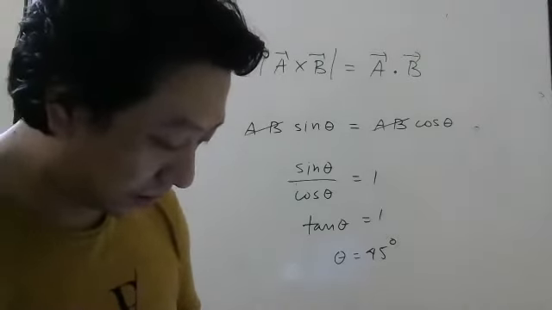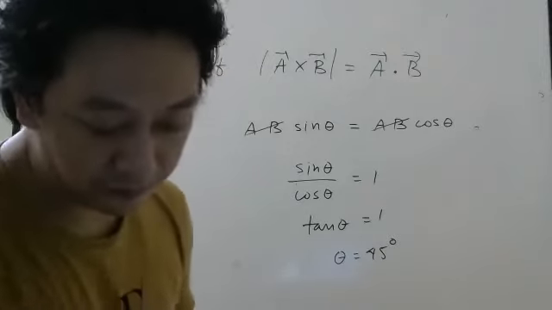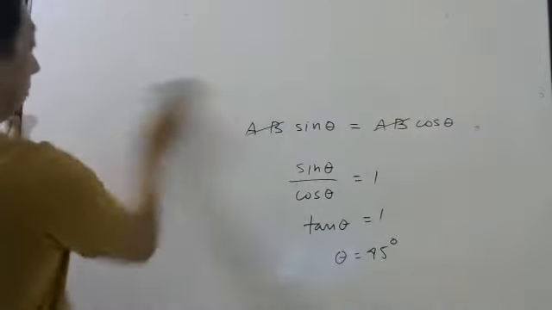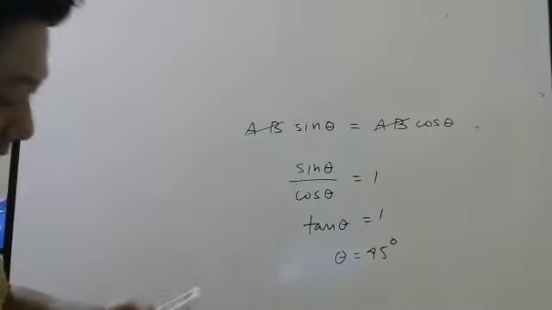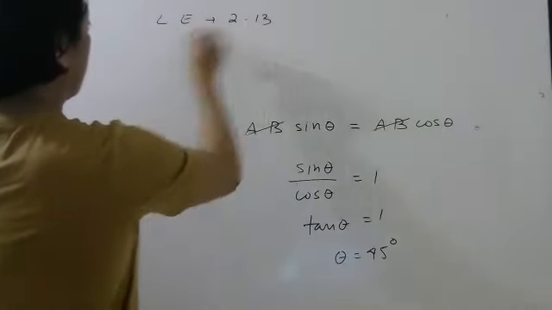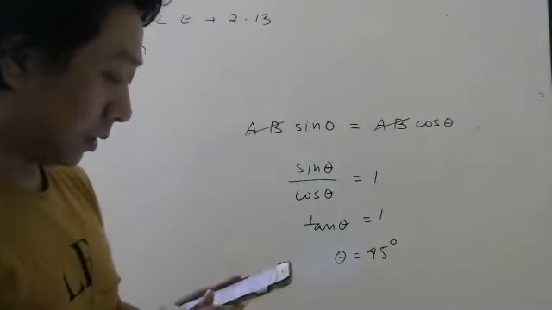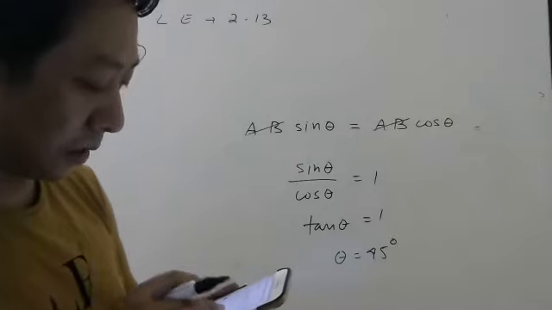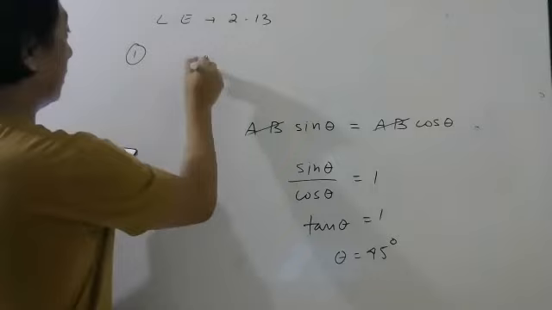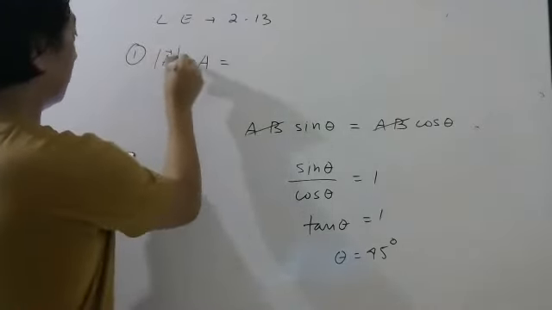Okay. Let us see learning exercise 2.13. That is the last learning exercise. Learning exercise 2.30. Question number 1, you see. The vector A bar has magnitude 5 unit. So magnitude of A bar means A, or you can write modulus of A bar.